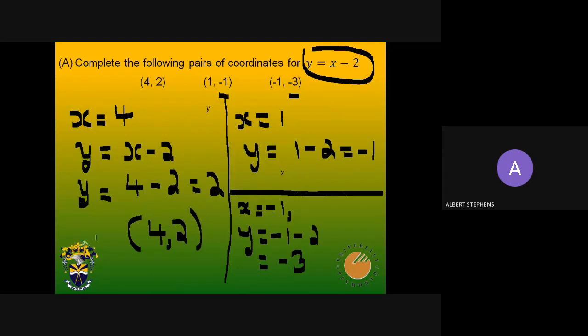Hold on there. Like when I count, 1, 2, 3. That's for the x-axis.